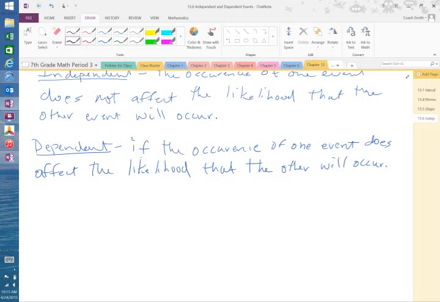Now, how we figure the probabilities. The first one that they're going to talk about is how to figure the probability of an independent event.